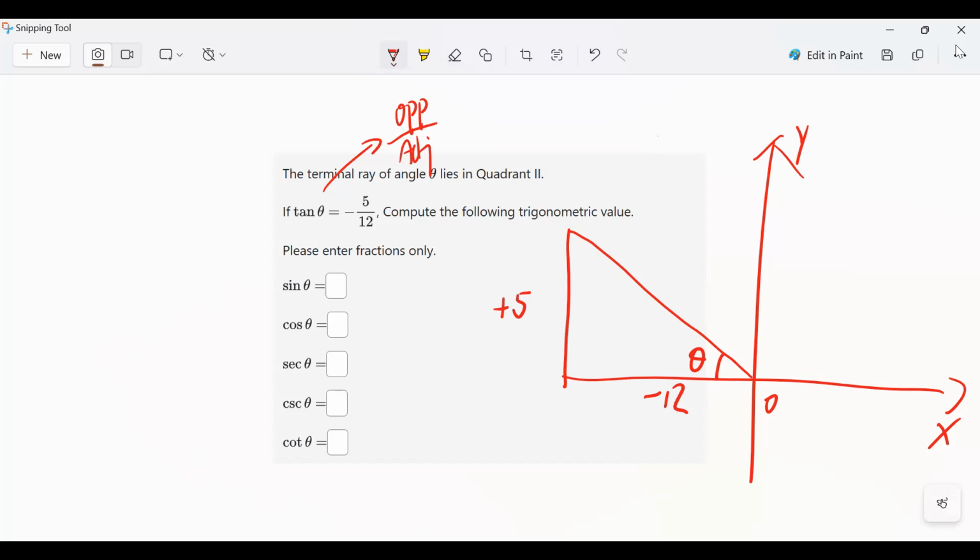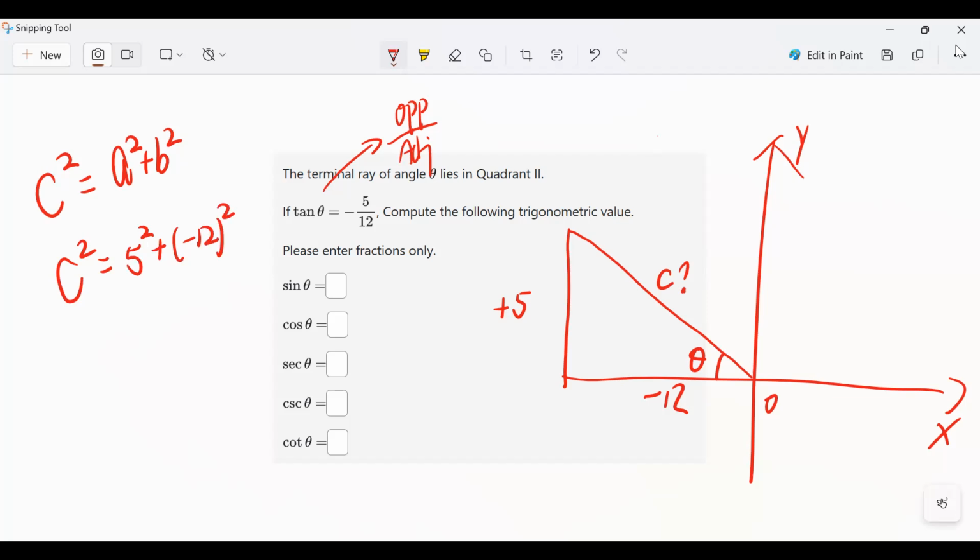Based on this, we're going to find the hypotenuse, this side, c. So c squared equals 5 squared plus -12 squared. And this is very important to determine the sign of those two sides, right? This is very, very important.